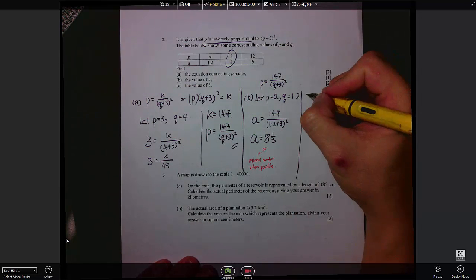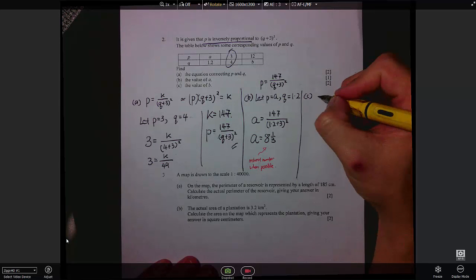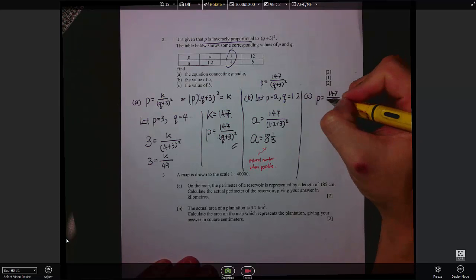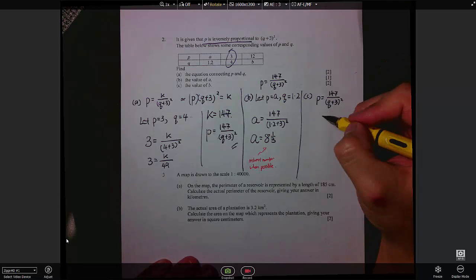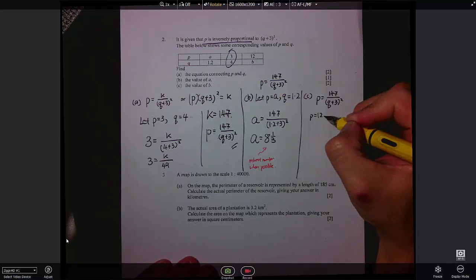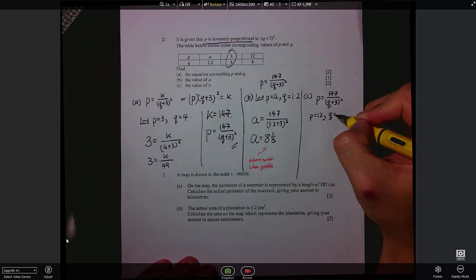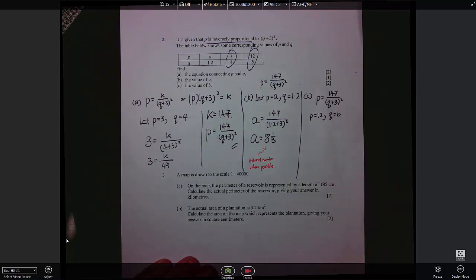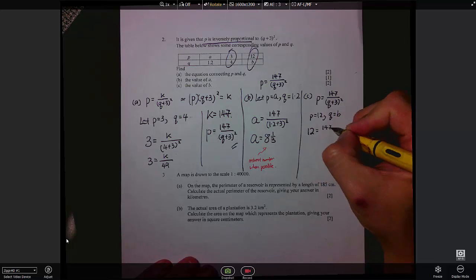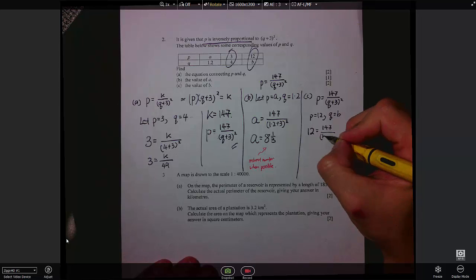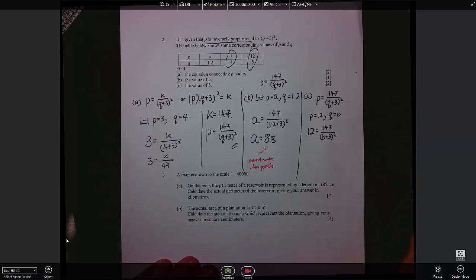Part C, the value of B. This one I start with my equation again: 147 over (Q plus 3) squared. So when P equals 12, Q equals B. So I say 12 equals 147 over (B plus 3) squared.